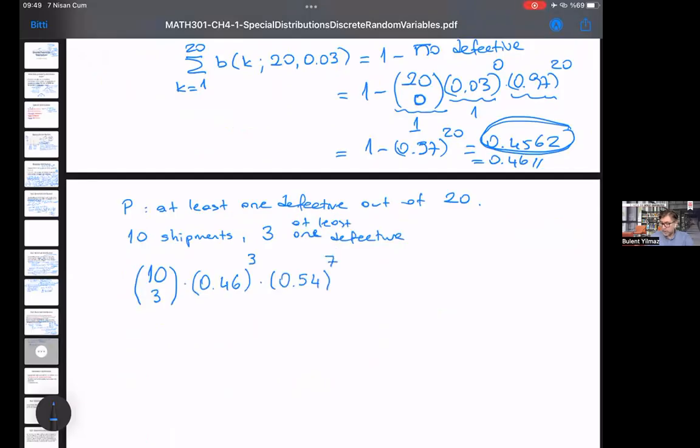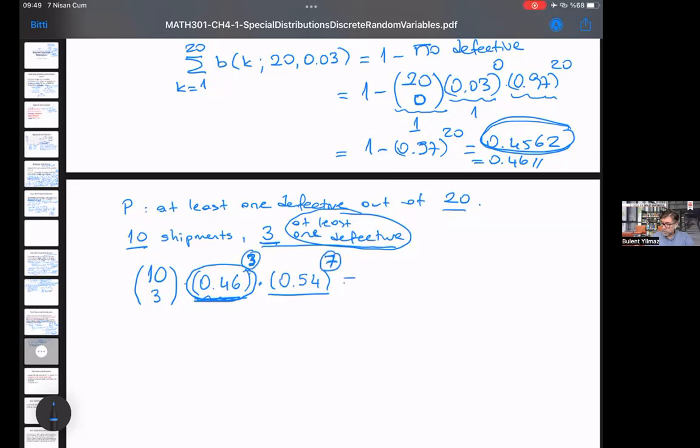Very nice. So this is the probability of obtaining at least one defective out of 20. This is something we found in the previous part. And I'm interested in out of 10 shipments, exactly 3 shipments having at least one defective, times the others having no defect. 3 of them will have this, 7 of them will have that.